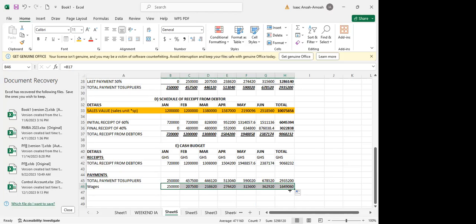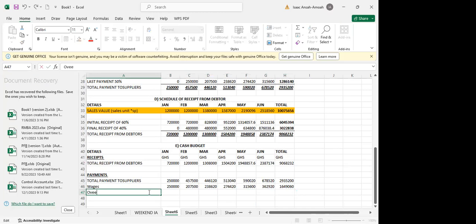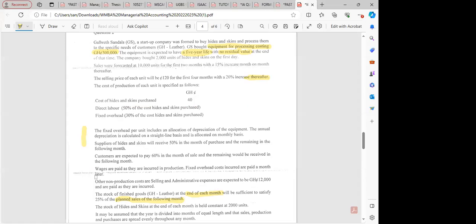So let's report overhead costs here. But there was a policy also for overhead costs. It says that overhead costs are paid for a month later. Let's go and check quickly. This is it: fixed overhead incurred is paid a month later. So this is what we are going to run with.